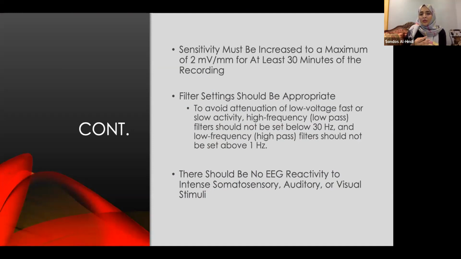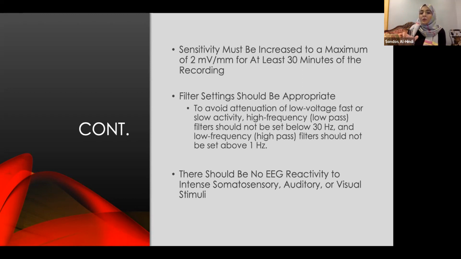All right. So what are the other settings that we should be aware of? The sensitivity must be increased to a maximum of 2 microvolts. And why is that? Because you don't want to miss any low voltage, slow activity. Low voltage could occur if somebody has a bleed, a cortical mass, or an infarct that's preventing your structural recording, and you don't want that to affect an underlying subcortical activity.